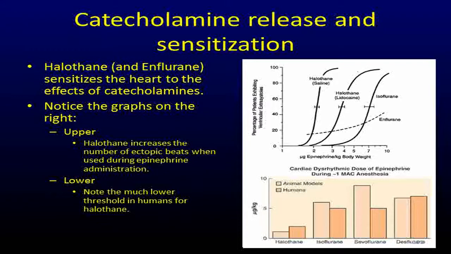And using the older drugs, enflurane and halothane, it was found that when you started using this epinephrine, you would promote ventricular ectopy in the patients. And so a study was done on it. That study, or one of them, showed that as the microgram epinephrine dose increased, so did the number of ectopic events.